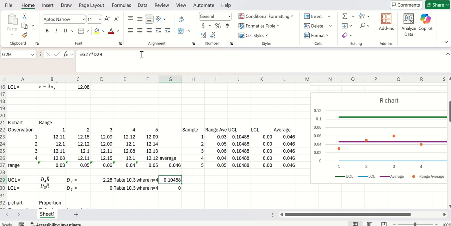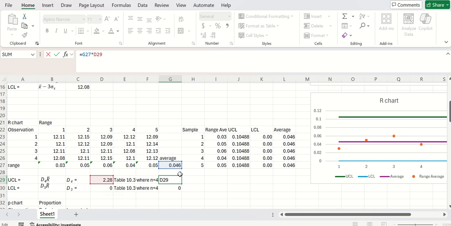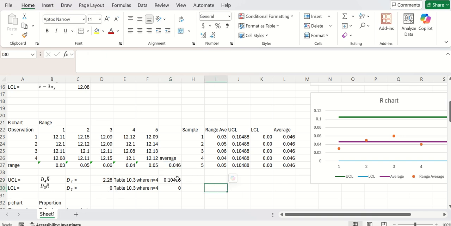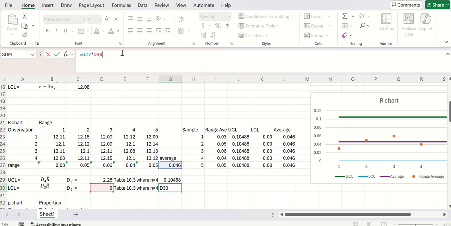So I'm going to go here. I have 2.28 times the range. So my upper control limit is 0.105. Same thing for the bottom. Lower control limit, we have the range times the lower control limit.